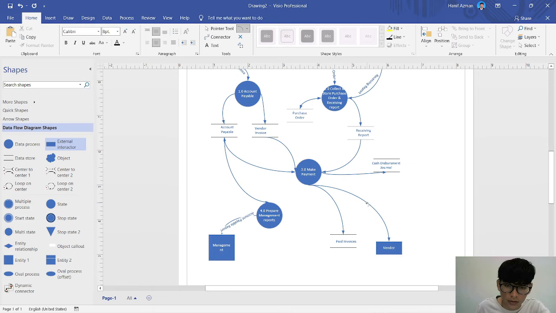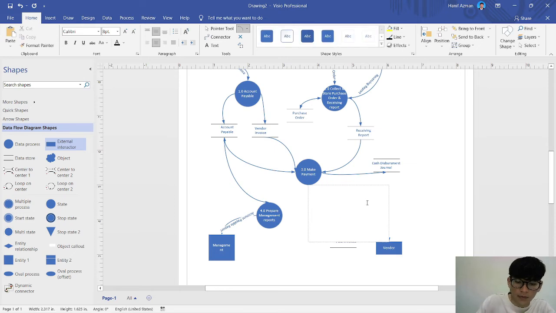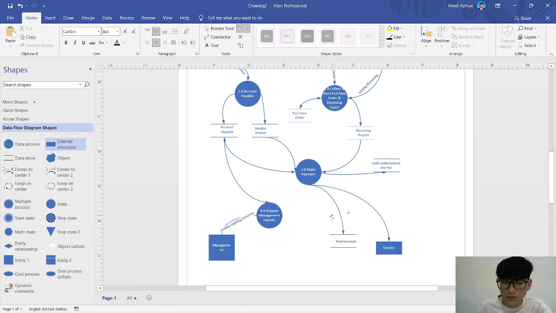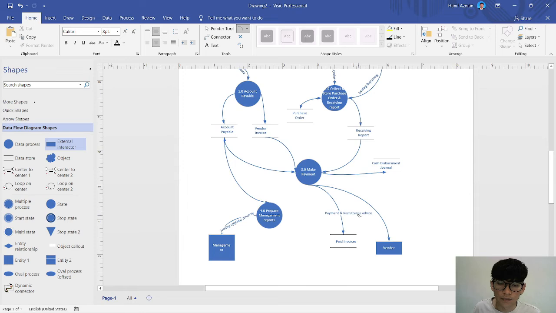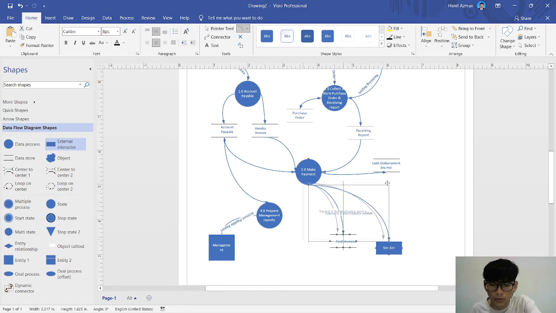And here is a payment and remittance advice.